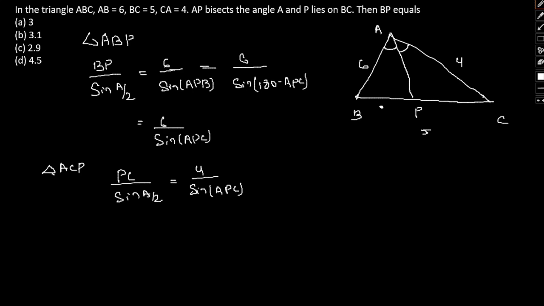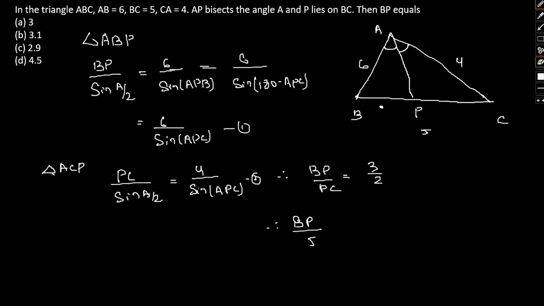So from 1 and 2, if we divide both of them, BP by PC, we conclude that BP by PC is 3 by 2. Given BC being 5, BP by PC is 3 by 2.